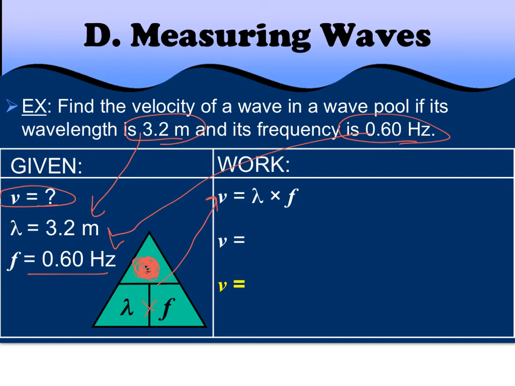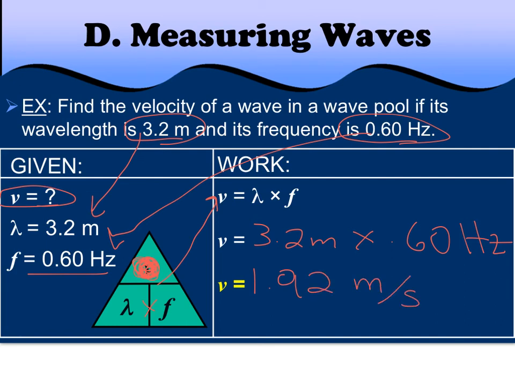We take velocity equals wavelength, 3.2 meters. Notice I included the units, times 0.60 hertz. And so the answer is going to be 1.92 meters per second. Note it's the same set of units that we've used before when we find velocity or speed.